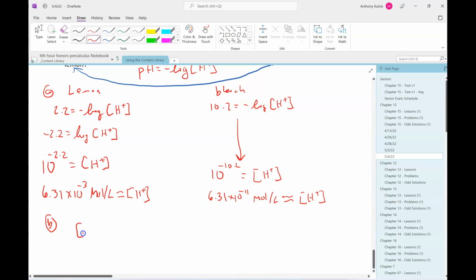So I would say, okay, well, if I ask for times greater, what operation are we going to be doing? Dividing, right? Like 4 is 2 times greater than 2, because 4 divided by 2 is 2. So if I do that, I'm going to get 10 to the 8th.